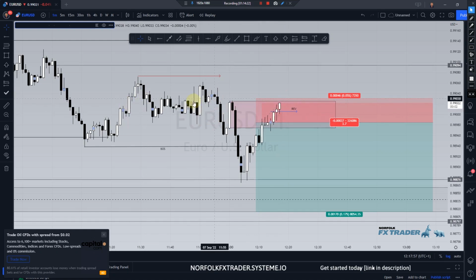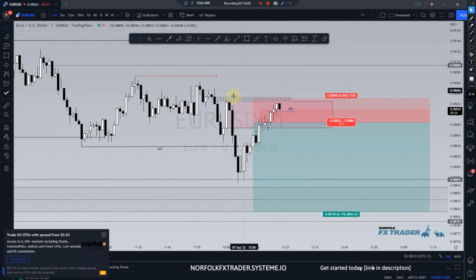What do we have sitting right above that high? An area of imbalance. The best place for your stop, in fact, really should have been above this imbalance, because that's where price may want to go up to fill and then drop away. So this area of imbalance may want to be filled and take the high before we see that push down.